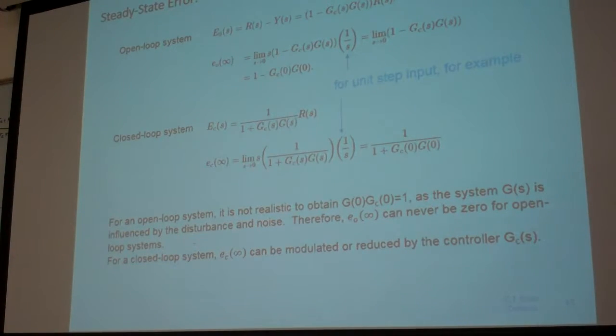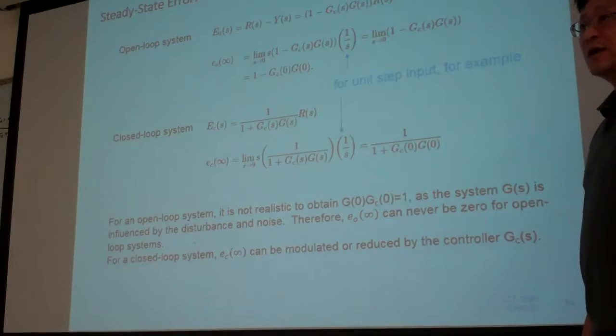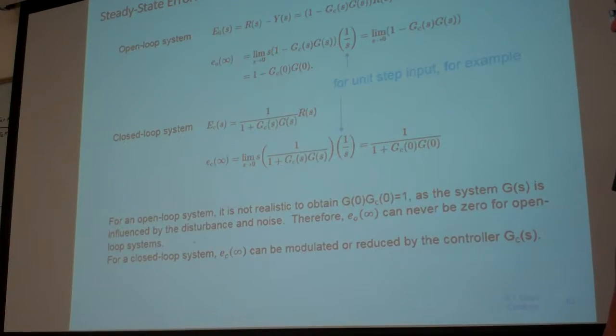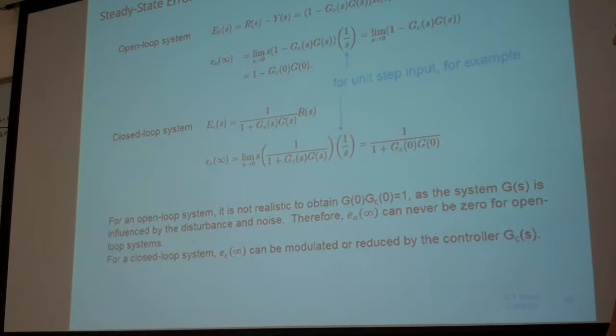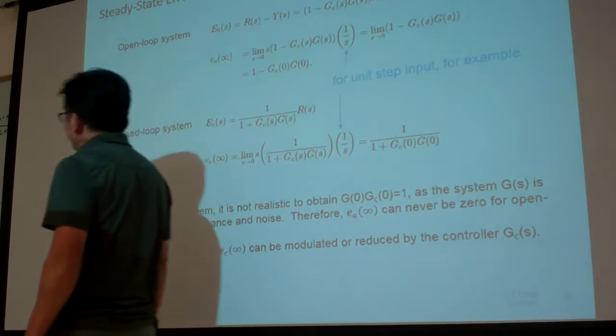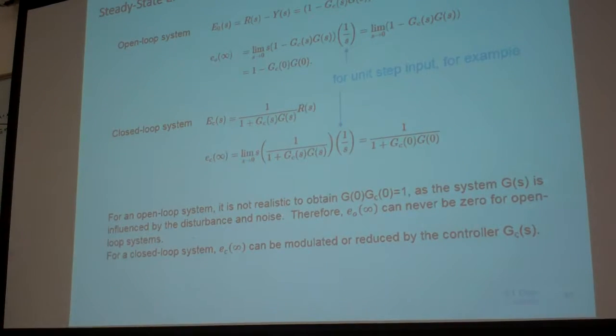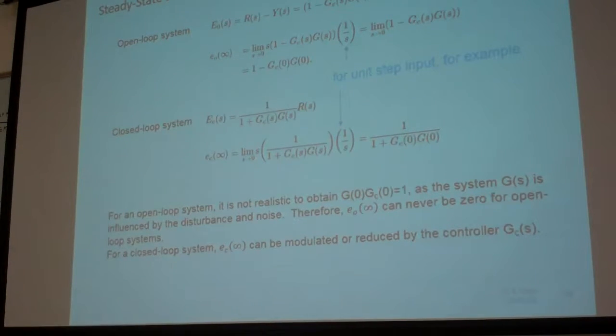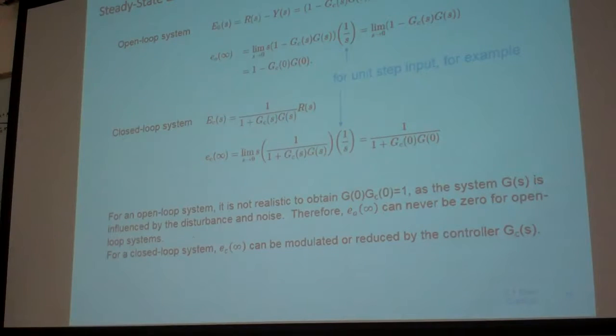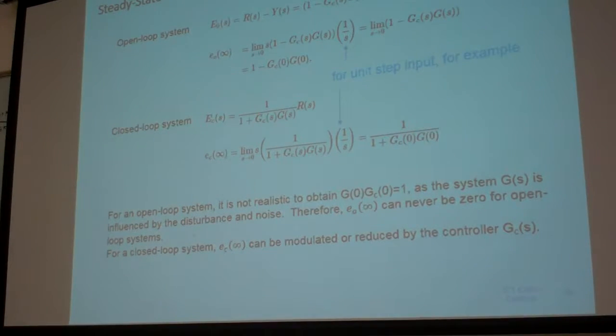So to do the error analysis, if you have the transfer functions like we have done in the previous page, just like this is a transfer function, this is another transfer function, then you can repeat the calculation. You will be able to calculate or plot the curve for the transient response.